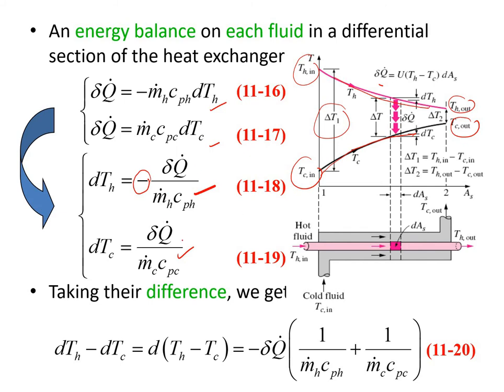So taking the difference from above, from this equation, we can get del TH minus del TC. When we subtract it, we can have this equation. So this is minus also, can get 11.20.